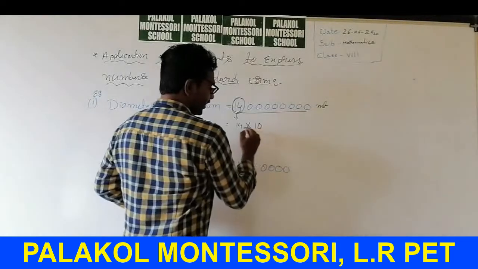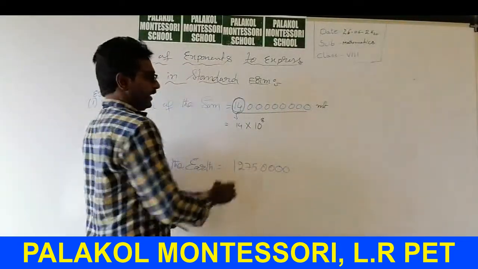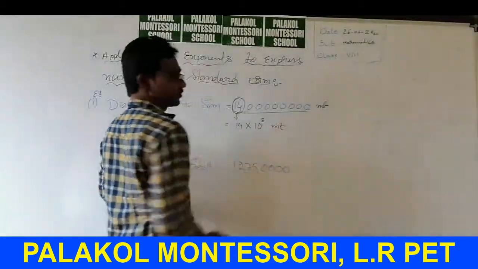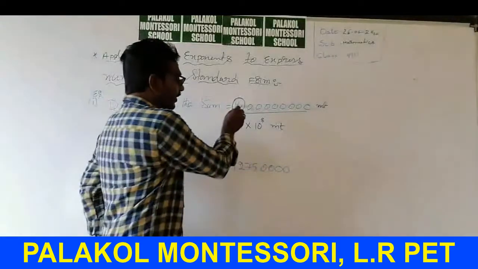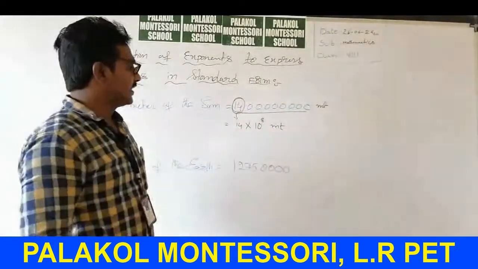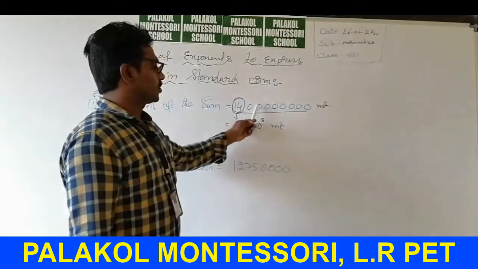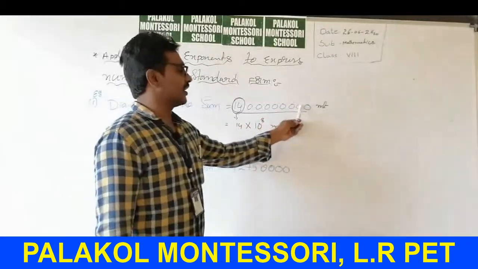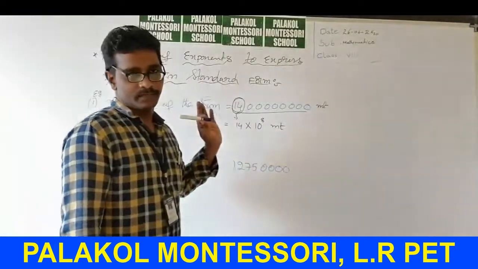Simply you write it as 10 to the power of 8 meters. Is it clear? 14 bring down, the number doesn't change. Just check how many zeros are there: 8. That means 10 to the power of 8.